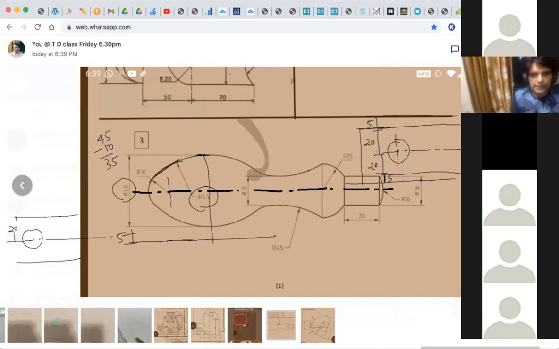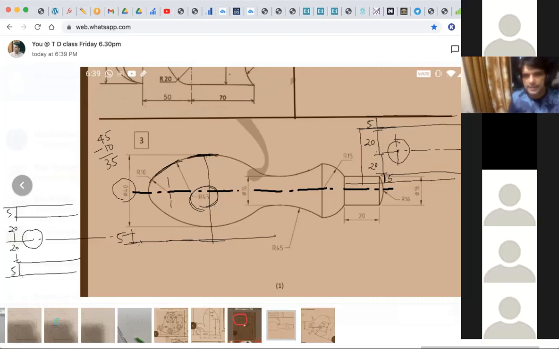This is 20, 20. Then you go 5 up, 5 down. Why 5, 5? Because if you take 45 and minus 40, then the remaining is 5. That means this arc's center is somewhere here, 45 down from here. All of you are with me? Have you understood this much? Why I have taken 5 down? Because 40 plus 5 is 45.